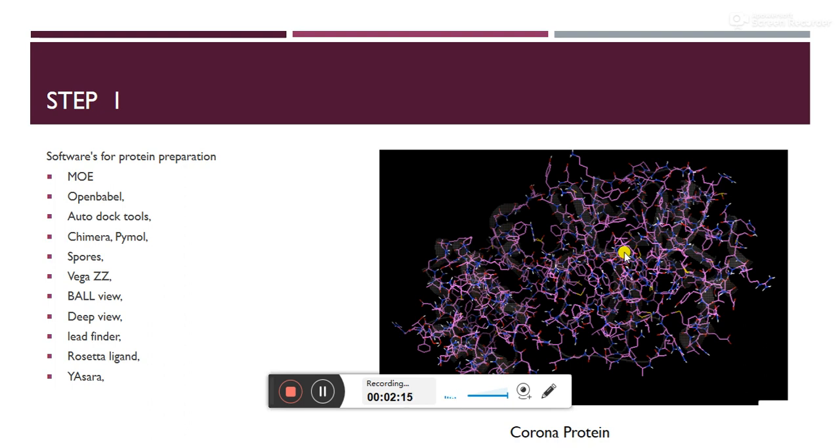I choose any one here temporarily. Different softwares, for example, MOE, OpenBabel, AutoDock Tools, Chimera, PyMOL, Spores, Yasara, Ball View, Deep View, LeadFinder, Rosetta, LeDock, Yasara. So you can use any one for the preparation of coronavirus protein.